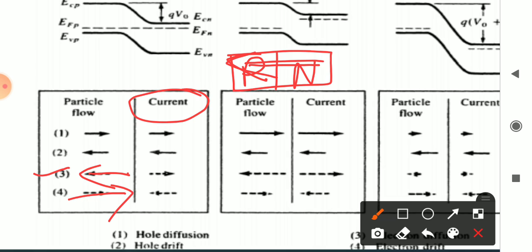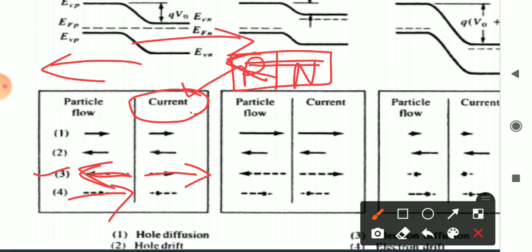Now, if this is the diffusion of electrons, then the current direction will be exactly opposite to the diffusion of electrons, because the current is the same as the hole current. If electrons are moving in this way, the conventional current will move in the opposite way, because if this is the electron movement, holes will be moving the other way. I hope this is clear for you.